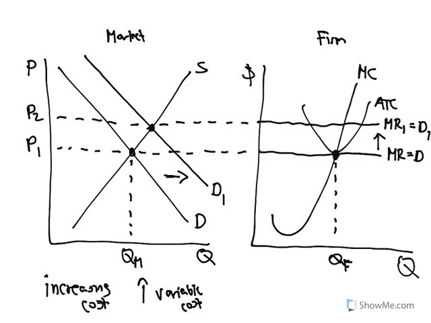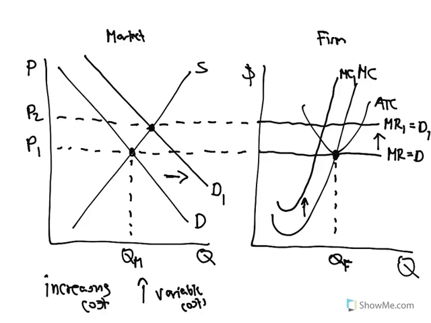If there's an increase in variable cost, it's going to move marginal cost up, which means we're going to put it on the other side, actually. So it's going to move up. So then the other thing it's going to do is it's going to increase average total cost.